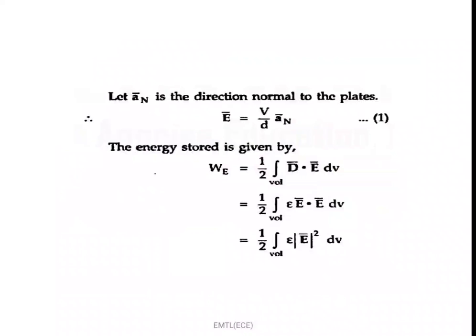So the expression for the electric field intensity is E is equal to V by d. This is also a relation between E and V, that is E bar is equal to V by d a bar N.